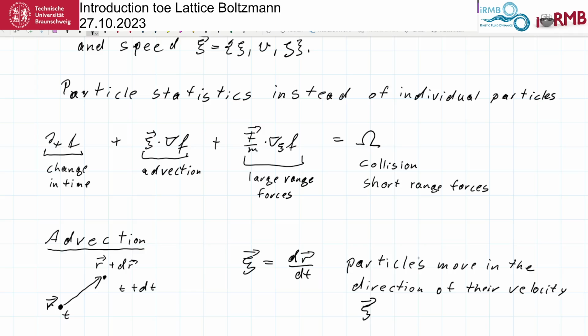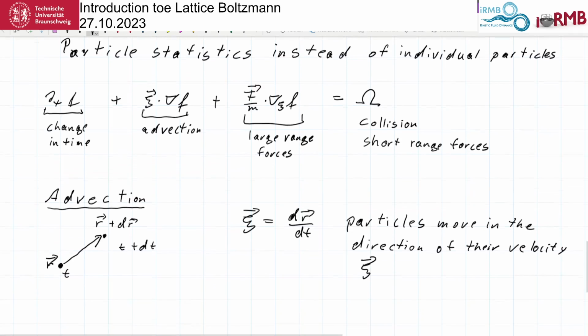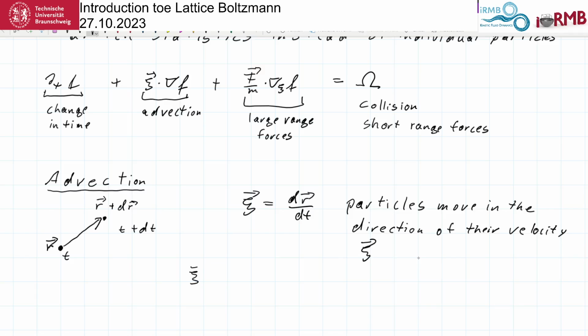And this velocity is called xi. So this xi we'll call the microscopic velocity, and this is different from the macroscopic velocity in the Navier-Stokes equation.